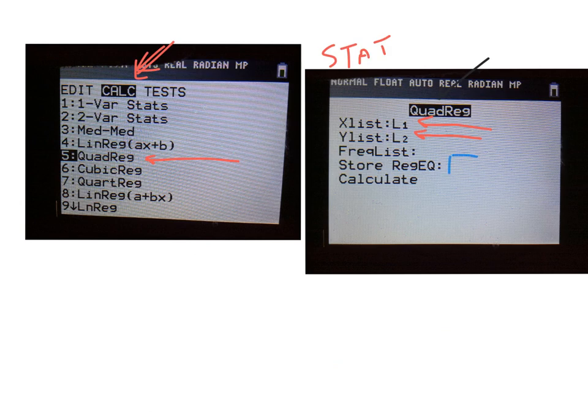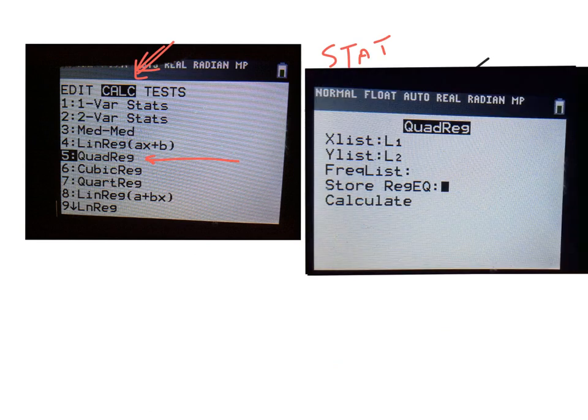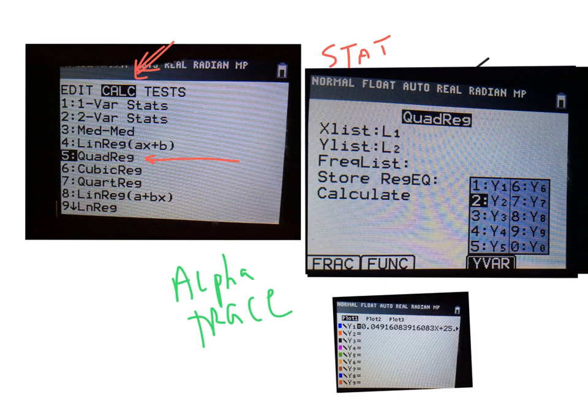I want you to move the cursor now down to where it says Store Regression Equation. And while the cursor is next to Store Regression Equation, once again I want you to press Alpha, the green button, and then Trace. But now what we're going to do is this. I want you to move the cursor down to option 2 for Y2. Here I took a picture of my Y equals screen, and if you notice, the Y equals screen has the line of best fit from the linear regression stored into Y1.